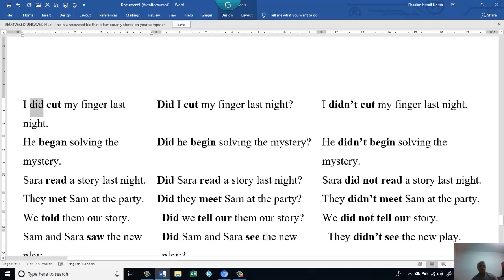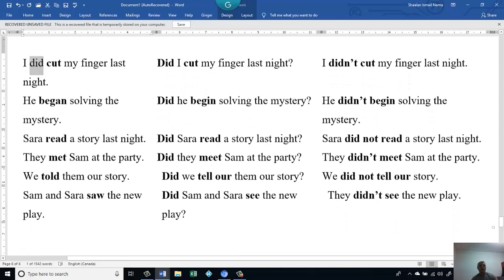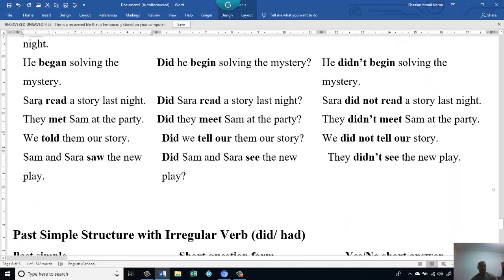If we have a sentence like this, Sarah read a story last night, I know this has happened in the past for two reasons. One of them, last night, is an adverb of time, and then here I have read.